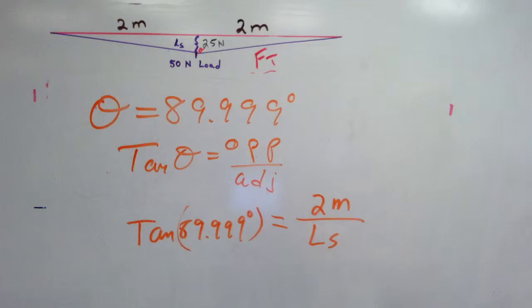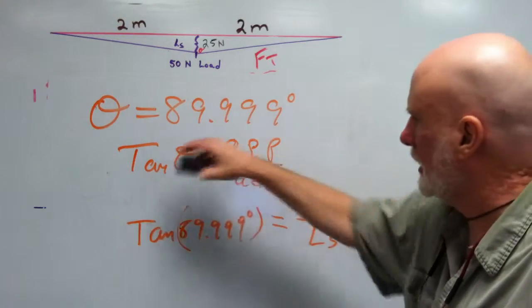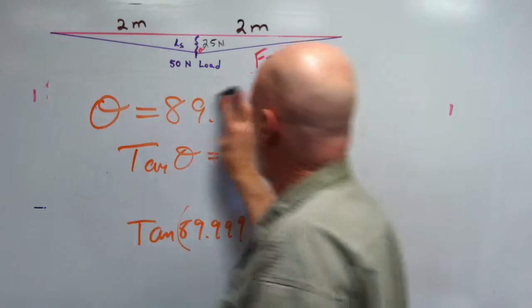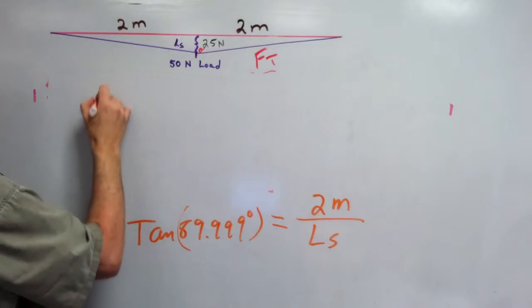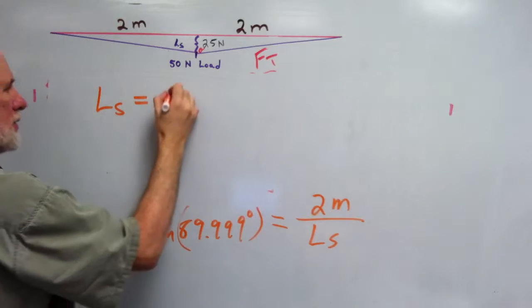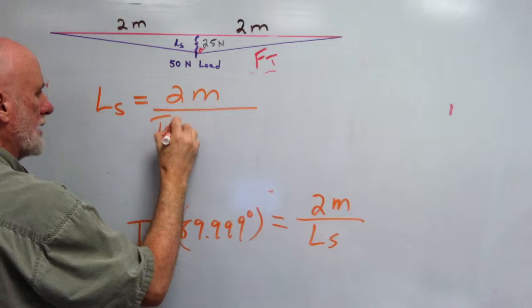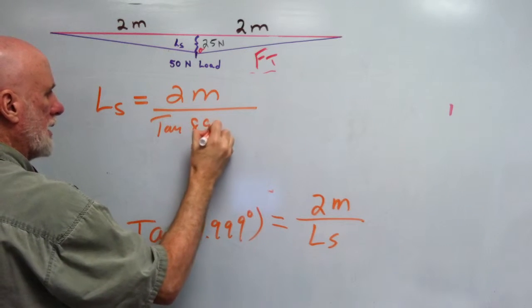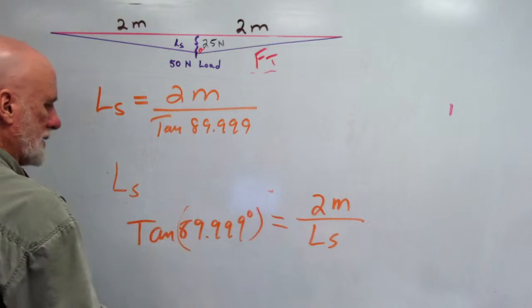Now we're going to get rid of this and rewrite it. LS equals 2 meters over tangent 89.999. Now we can erase this.